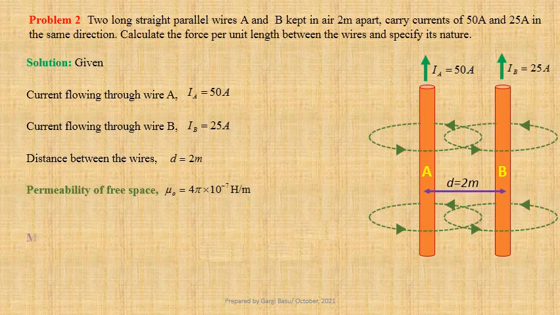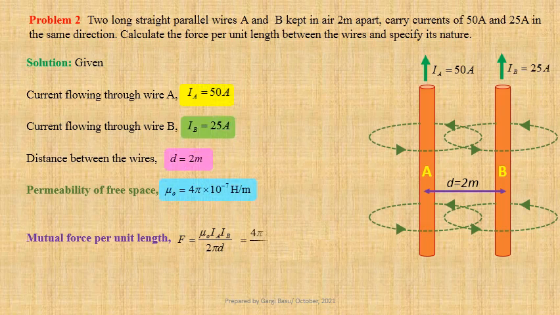Expression for mutual force per unit length: F equals mu 0 times Ia into Ib divided by 2 pi times d. Using values we get 4 pi into 10 to the power minus 7 into 50 into 25 divided by 2 pi into 2, that gives us 1.25 into 10 to the power minus 4 Newton per meter.